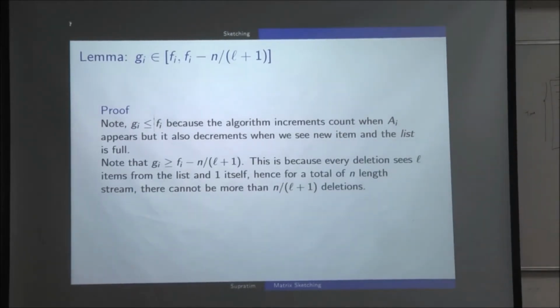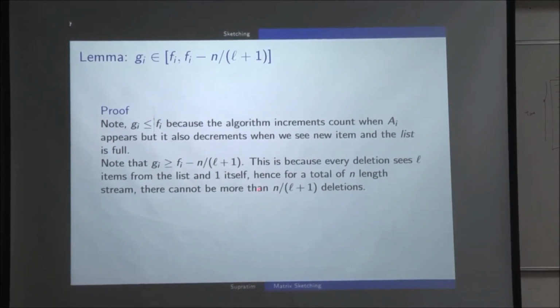Another thing to note is that Gi is at least Fi minus n over L plus 1. This is because every time we do a deletion operation, we are removing L items from the counters as well as the item itself. We are not keeping count of these in our sketch.